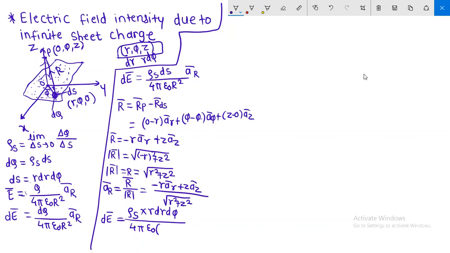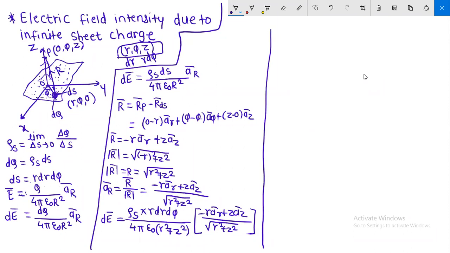Because again we are taking its square. Square root square means it's only r square plus z square. And the unit vector is minus r a bar r plus z a bar z divided by again square root of r square plus z square. Okay. So everyone first note this point.